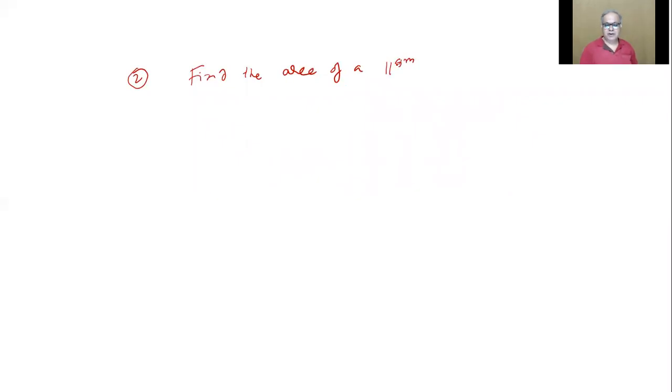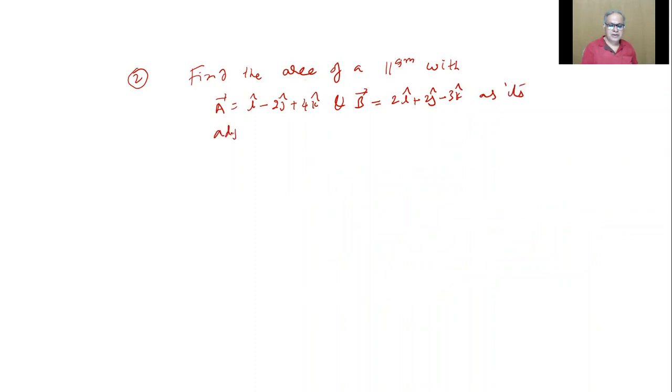Parallelogram with A equals i minus 2j plus 4k and B equals 2i plus 2j minus 3k. Find the area of the parallelogram with A and B as its adjacent sides.